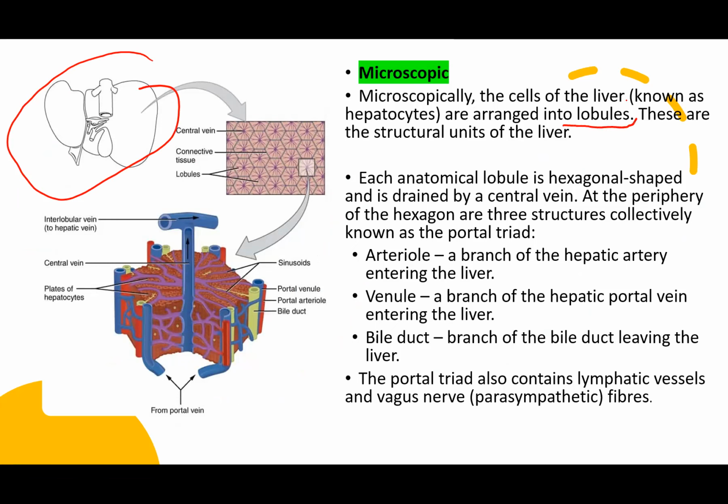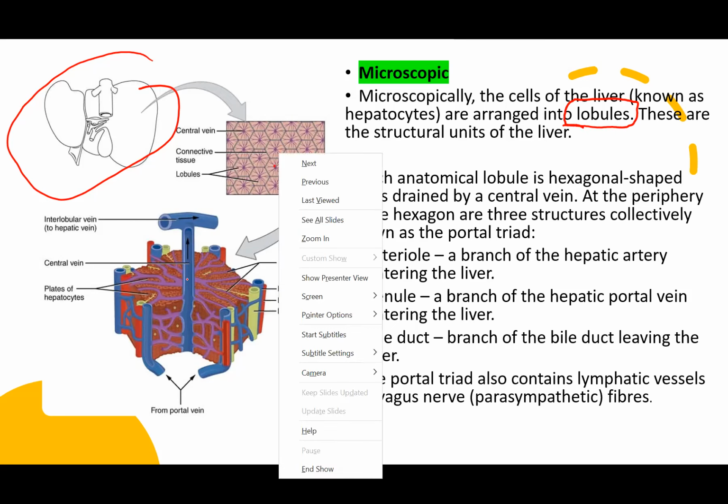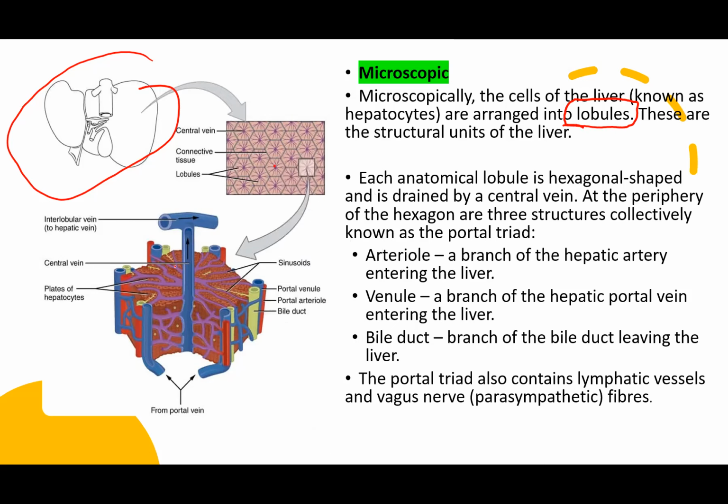So the lobules are the structural units of the liver. Each anatomical lobule is hexagonal in shape and is drained by a central vein. Okay. Each hexagon, you notice that there is a central vein on each hexagon.